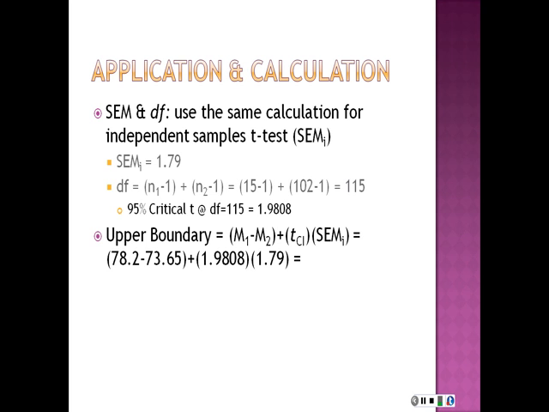And the upper boundary here, our calculation is slightly different, but it's pretty much the same. We're taking the difference between the mean of group 1 and the mean of group 2, so the mean of group 1 minus the mean of group 2, plus our t value times our standard error of the mean for the independent samples.